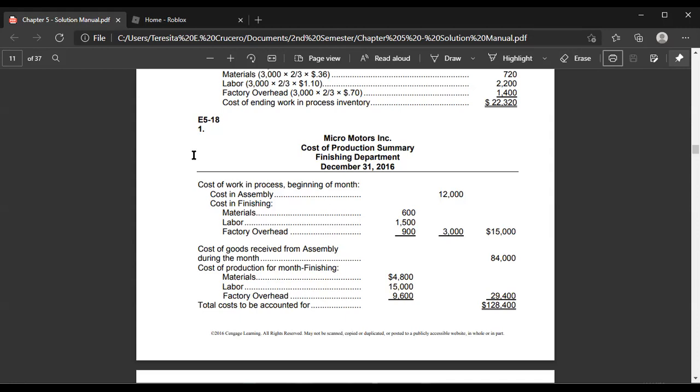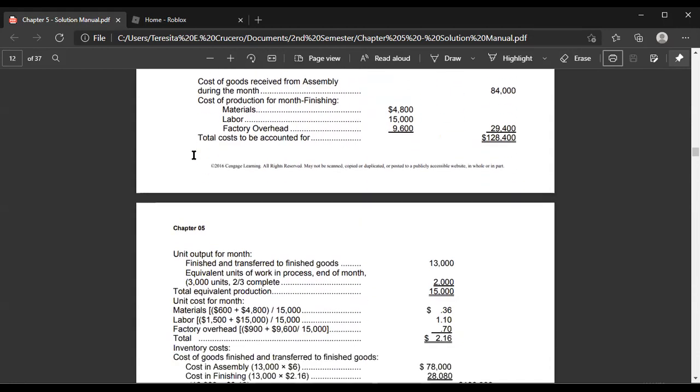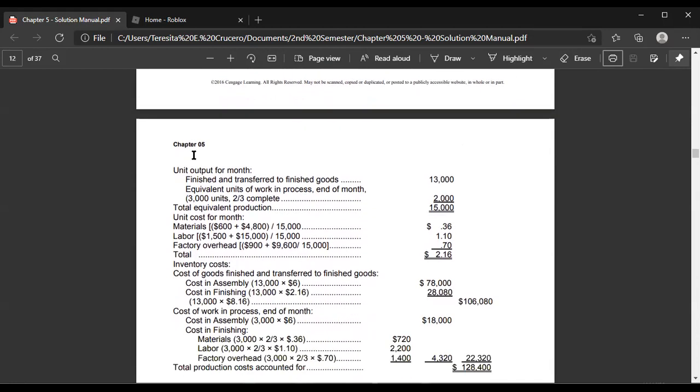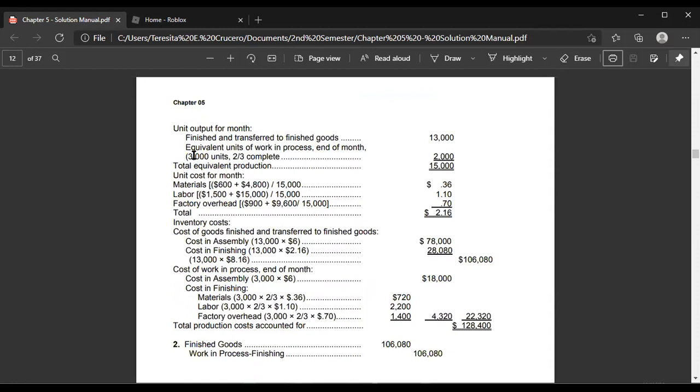So the total is 128,400. The unit output for the month, finished and transferred to finished goods, 13,000. The work in process end, 3,000 units, two-thirds complete. So the equivalent production is 15,000 units. The unit cost for the month for materials, we are now adding 604,800 divided by 15,000, your equivalent production.